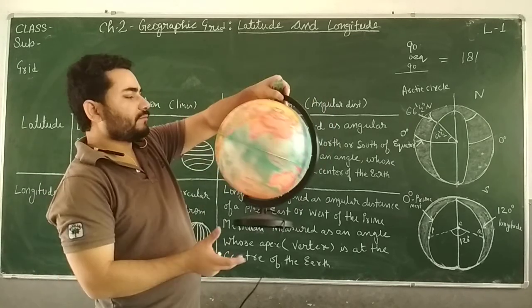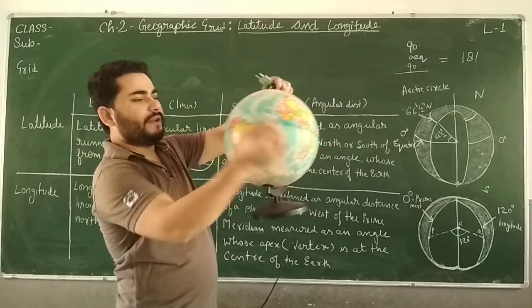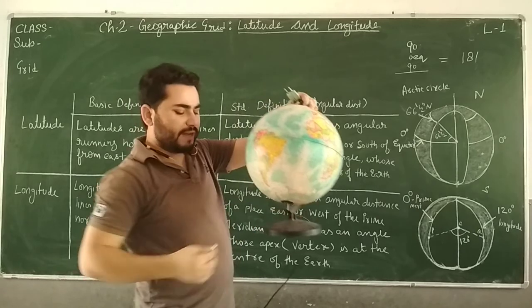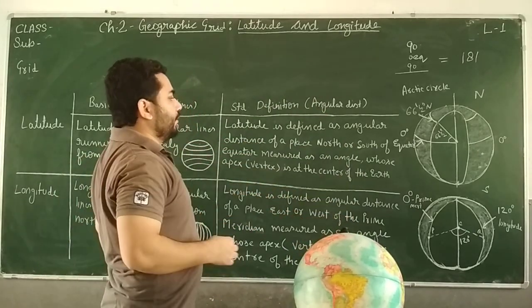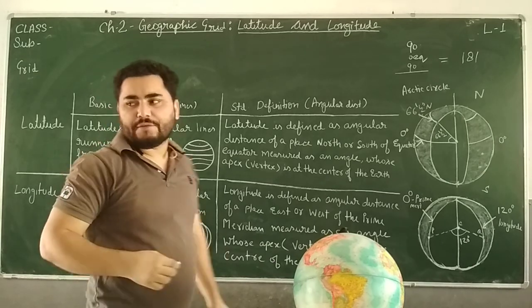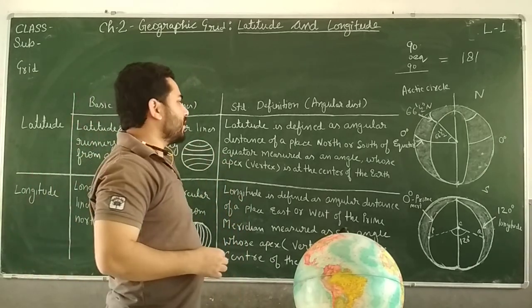Now, east to west, right? From east to west, these lines are called lines of latitude. Clear? That was the basic definition. Now we are going to study the standard definition.